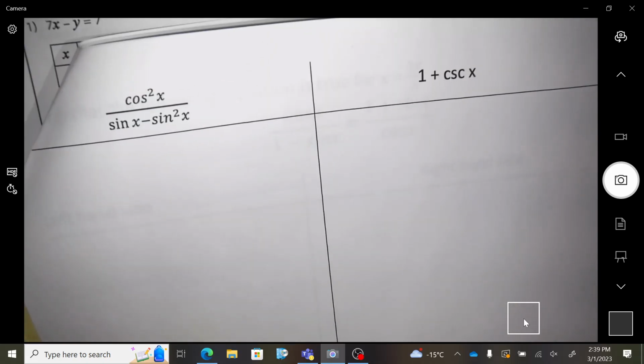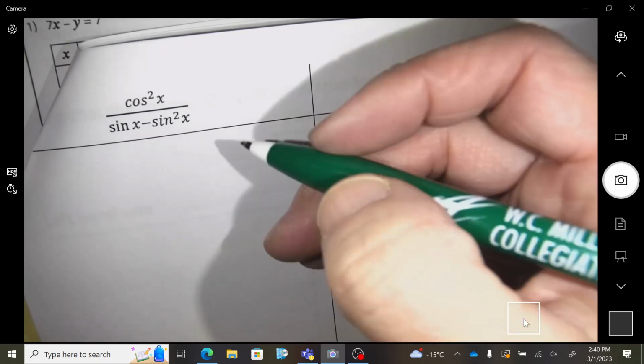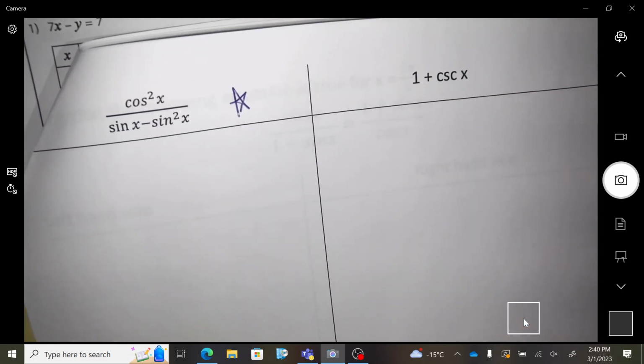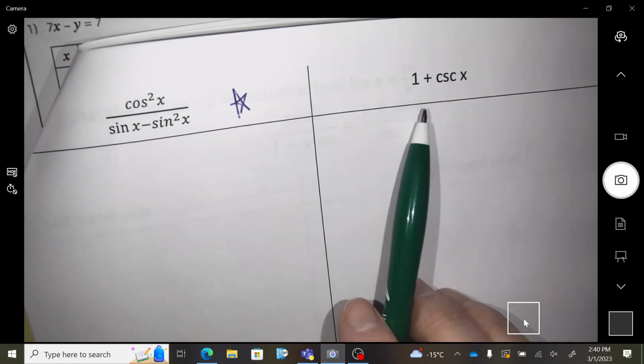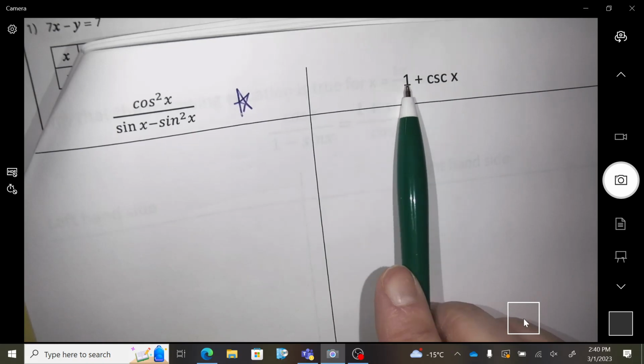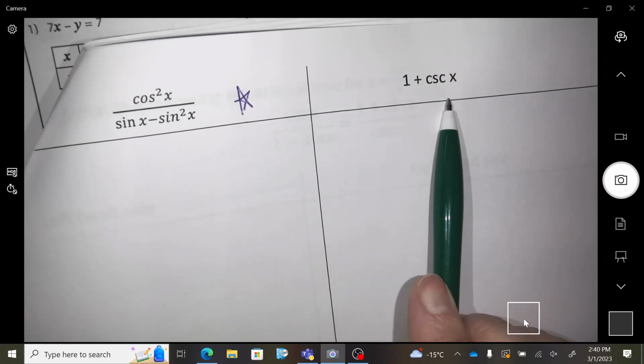Okay, first pick which side you would start with. Which one looks way more complicated? I would say that one looks more complicated. Now when I look at the end game here, there's only really sine stuff. This is a sine flip. So at the end here, do you notice how we have nothing to do with cosines?